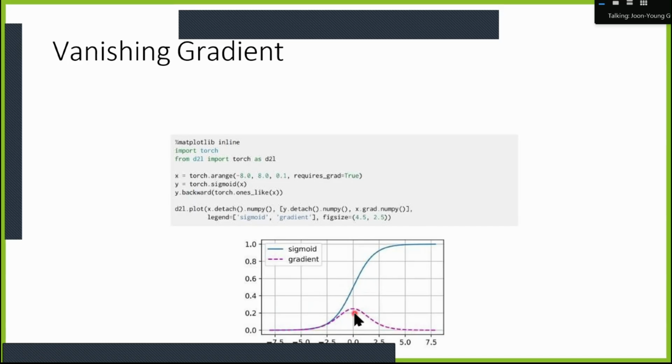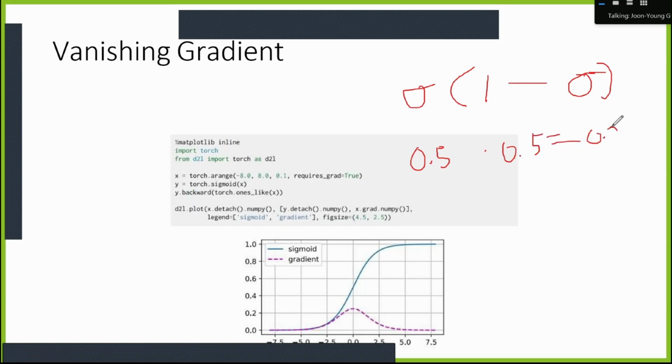Also, the derivative of the sigmoid function is sigma times (1 minus sigma). So the highest possible value would be 0.5 times 0.5, which is 0.25.